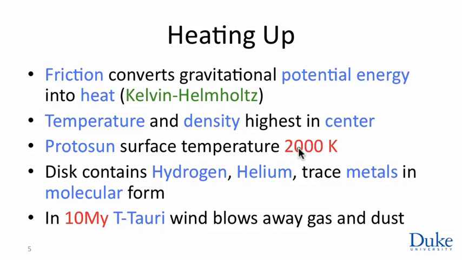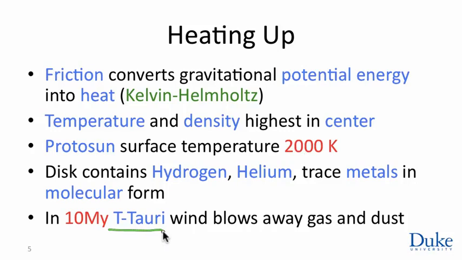The ticking clock is that within about 10 million years, the sun will ignite as a star. When that happens, the stellar wind, the solar wind that we discussed, undergoes a very intense period where for a few million years, a few tens of millions of years, the solar wind is extremely intense. This is called the T-Tauri wind. Stars in this stage are called T-Tauri stars.